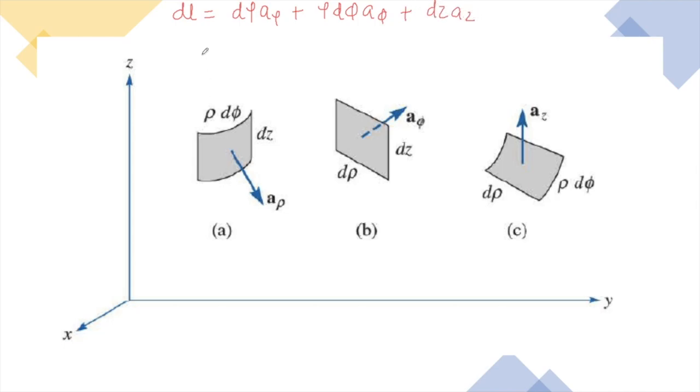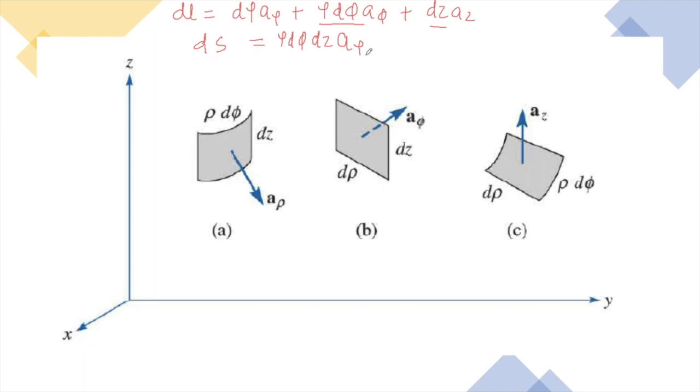Now we want to write ds. As I said, for the surface which has normal vector a rho, we take the values except rho. So leave this a rho in the displacement. So rho d phi dz.